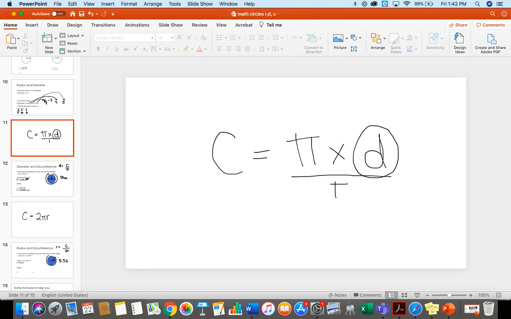So if we were to divide pi on both sides, because what you do to one side, you have to do to the other, pi divided by pi is just 1. So that's the same as saying 1 times D. You don't even need the 1 there. So technically, now we have D all on its own, and we just figured out the formula to figure out the diameter. We have C over pi is equal to D.